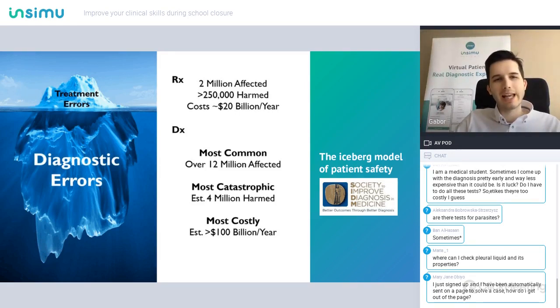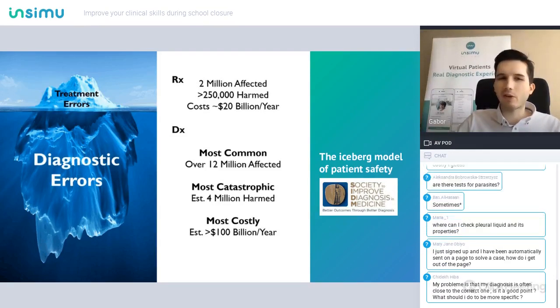And it is also the hidden part of the iceberg of all medical errors. This is an image created by the Society to Improve Diagnosis in Medicine in the US, and they bring attention to the fact that most cases where medical error happened were due to diagnostic errors. 12 million patients are misdiagnosed only in the US every year, and this causes huge harm and cost to the patient and the society as well.